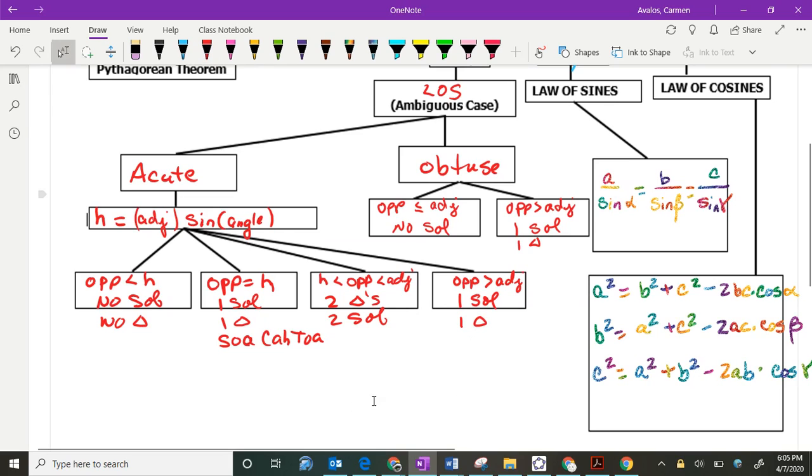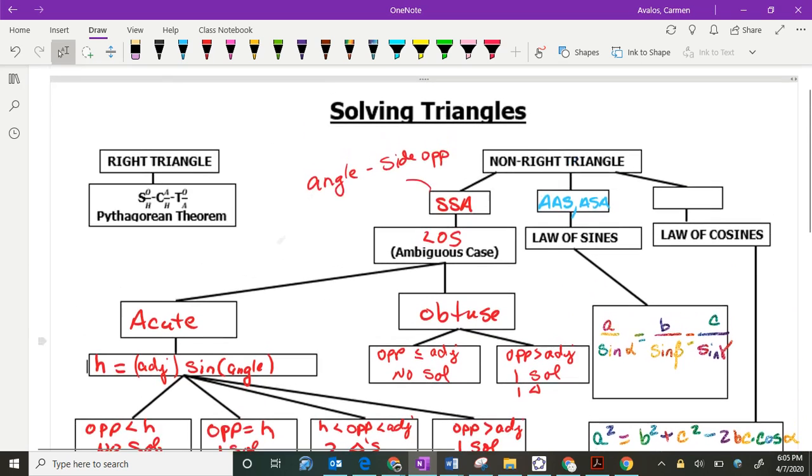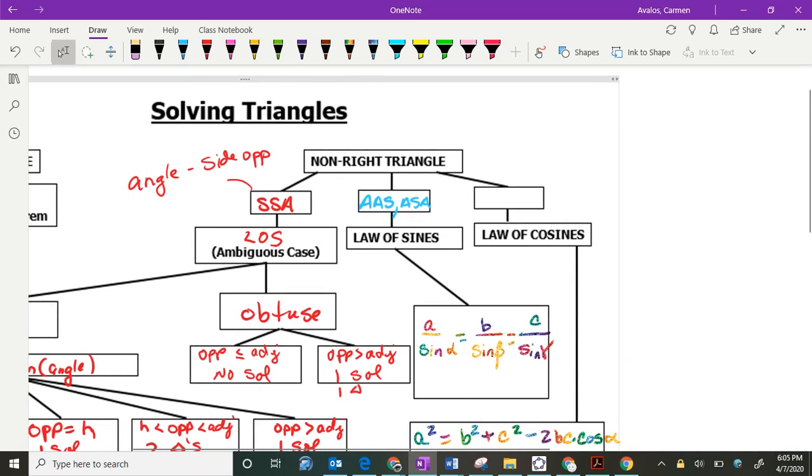Okay, so I think that covers everything with the ambiguous case, but now we want to go back to the law of cosines. So these are the three different cases here. These are the side angle, the angle side, and the angle side angle gives you all the law of sines. The law of cosines, which we'll be talking about, is going to then give you, I'll do that in green.